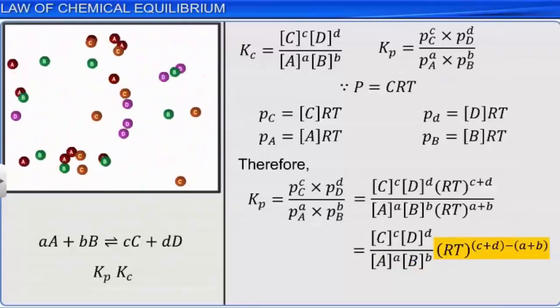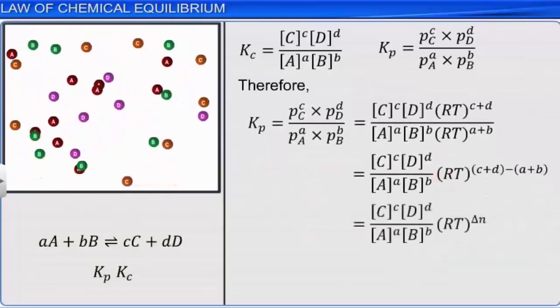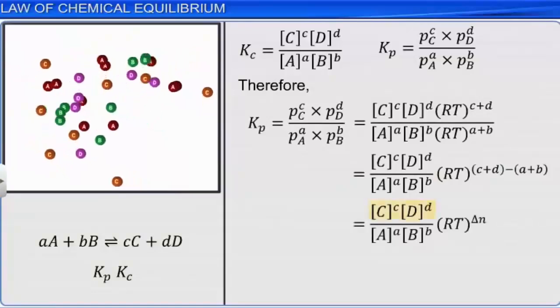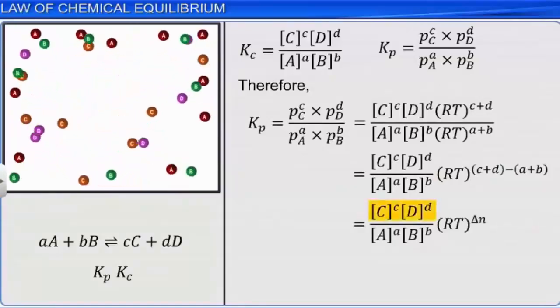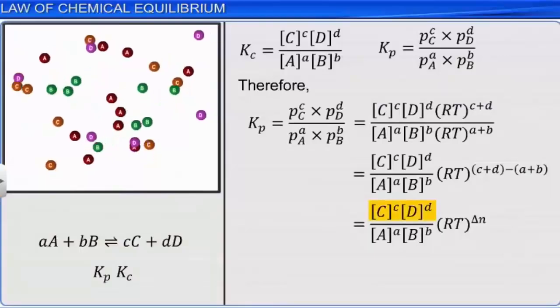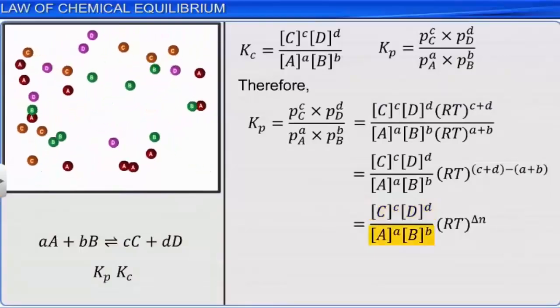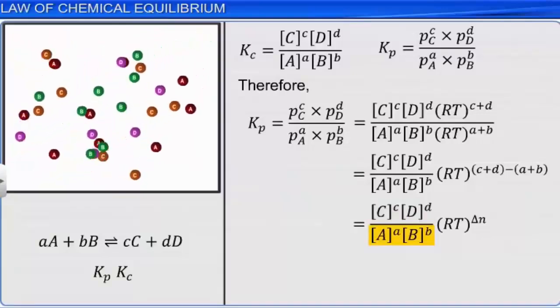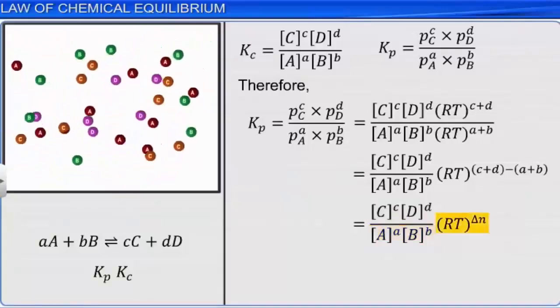This becomes equal to [C]^c [D]^d divided by [A]^a [B]^b, multiplied by RT raised to the power of delta n.